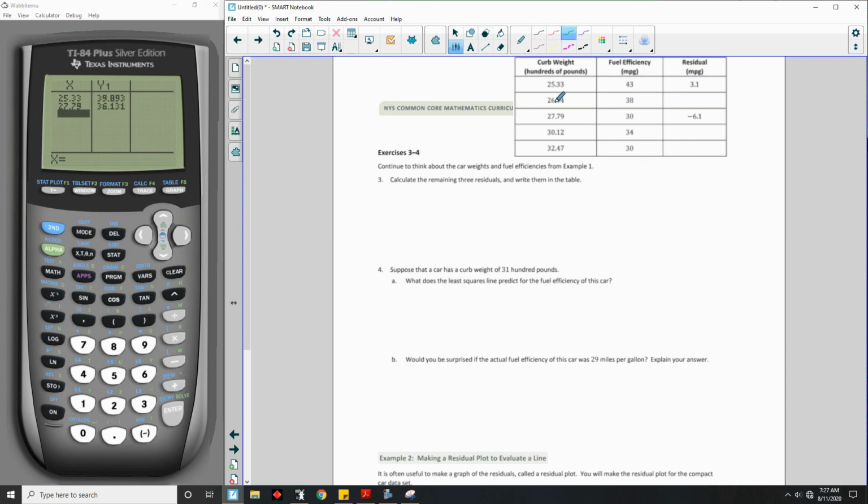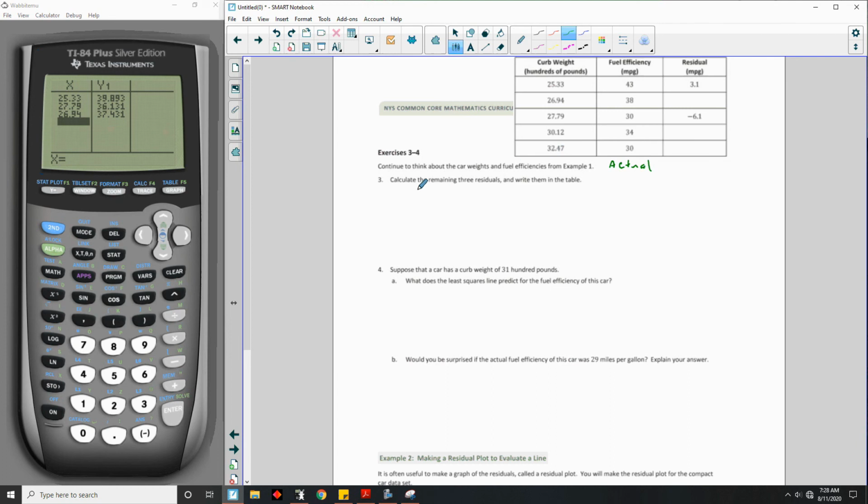Okay, so we're going to put 26.94 over here. So 26.94, enter, and get 37.4. Okay, so 37.4, remember actual is here, this is actual. And these over here are predicted, and residual equals actual minus predicted.